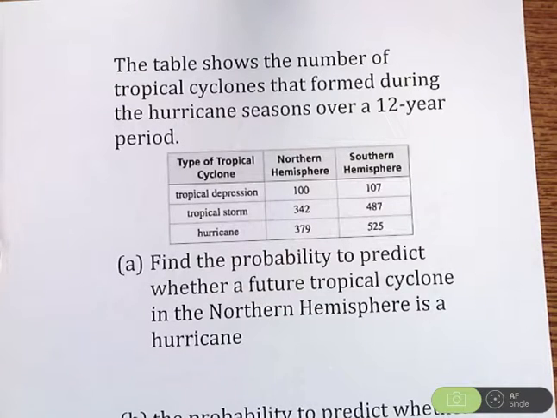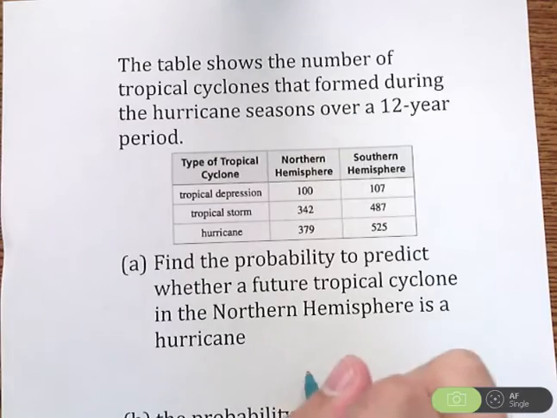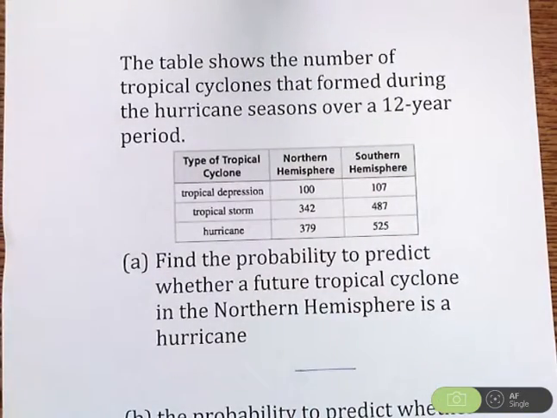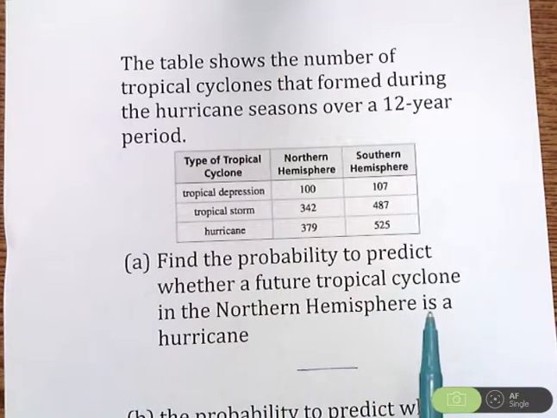On the previous problem, we knew we were dealing with our sample size. How many total are we dealing with? Well, we knew we were dealing with a deck. They gave us that, hey, you're dealing with a 52 card deck. Well, we have to figure out what they give us this time. It says find the probability to predict whether a future tropical cyclone in the northern hemisphere is a hurricane.